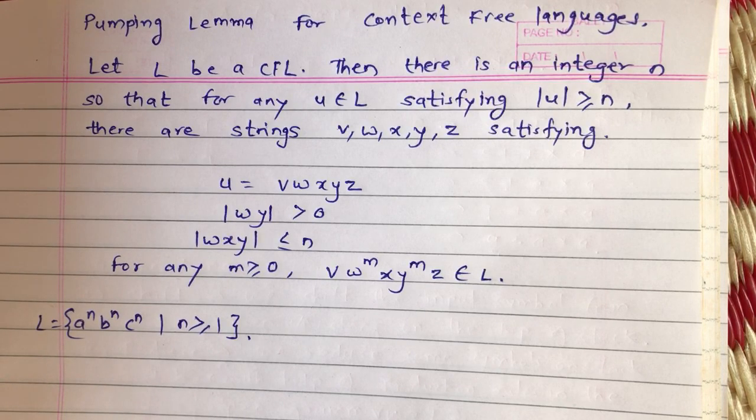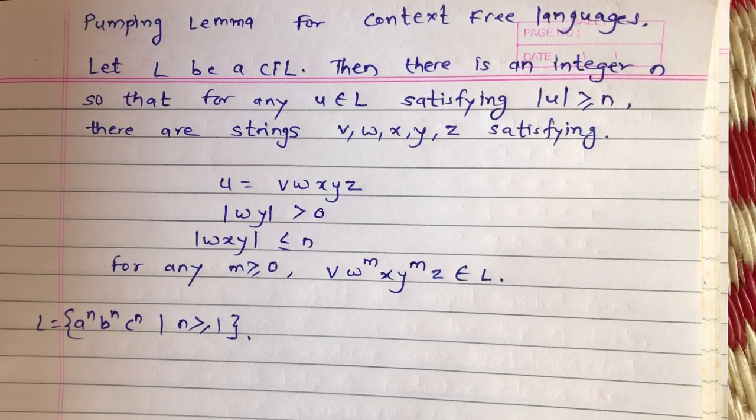Now we also know that the length of wy is greater than 0. If the length of w and y is greater than 0, w and y together contain at least one symbol. So either w should have length greater than or equal to 1, or y should. In this case, the string v w squared x y squared z will contain additional occurrences of the symbols present in w and y.